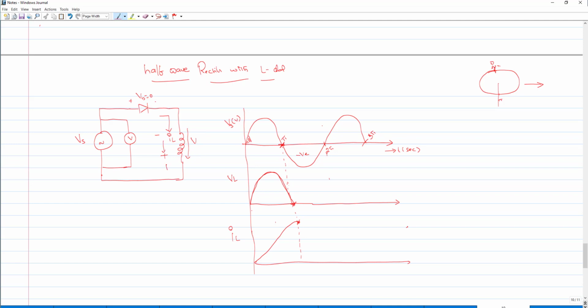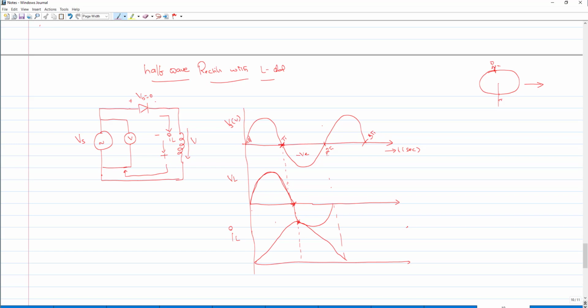So the current will continue in the same direction, and the inductor voltage adds to the main source voltage. Though the current is still there, it will try to go to 0 at this point. In this region the voltage is negative.